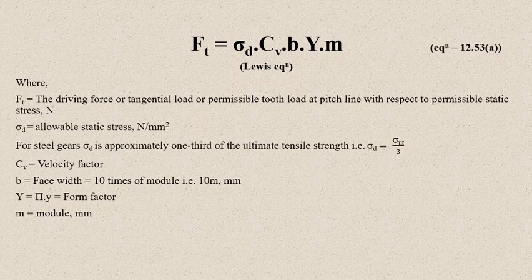Here sigma d is the allowable static stress, Cv is the velocity factor, small b is the face width, and the value of face width will be 10 times of module, that is 10 m. Capital Y is the form factor and m is the module. This slide is very much similar as in the spur, bevel and helical gear.